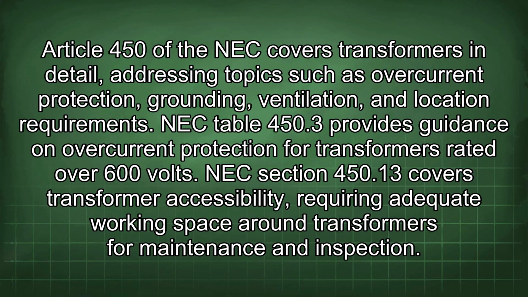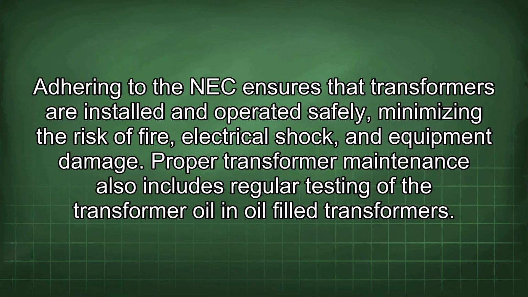NEC Table 450.3 provides guidance on overcurrent protection for transformers rated over 600 volts. NEC Section 450.13 covers transformer accessibility, requiring adequate working space around transformers for maintenance and inspection. Adhering to the NEC ensures that transformers are installed and operated safely, minimizing the risk of fire, electrical shock, and equipment damage.